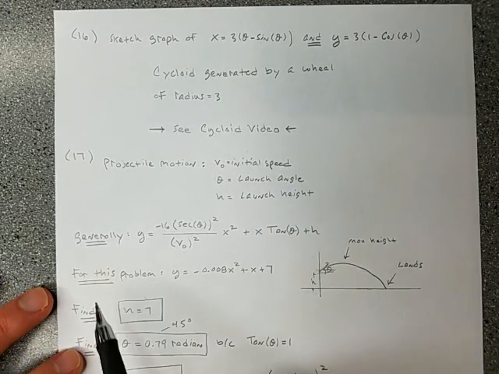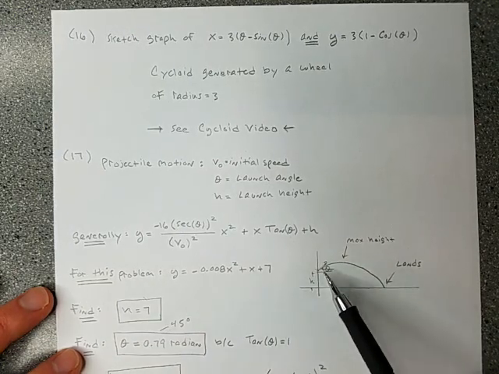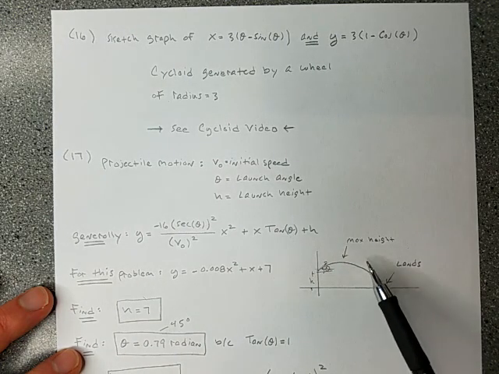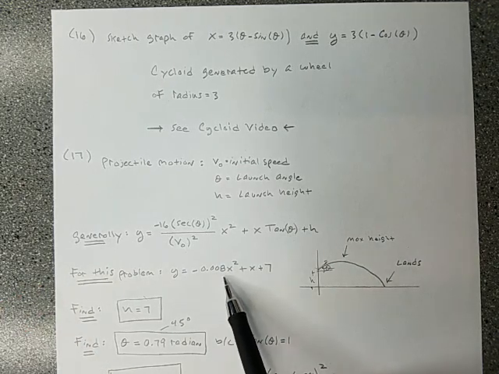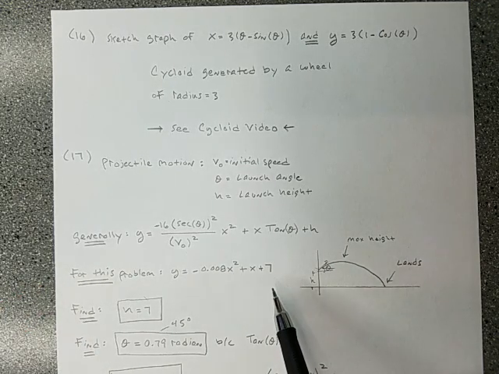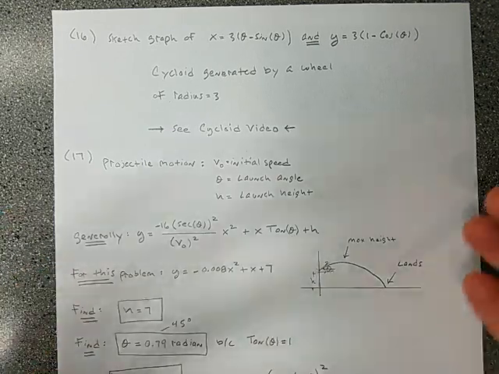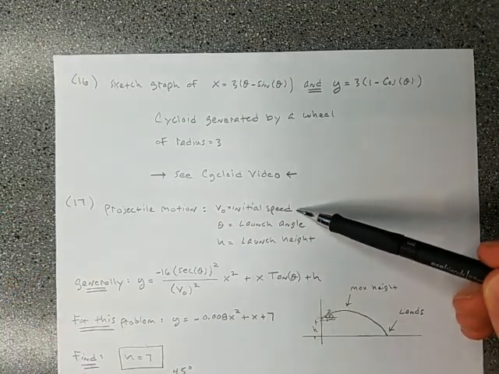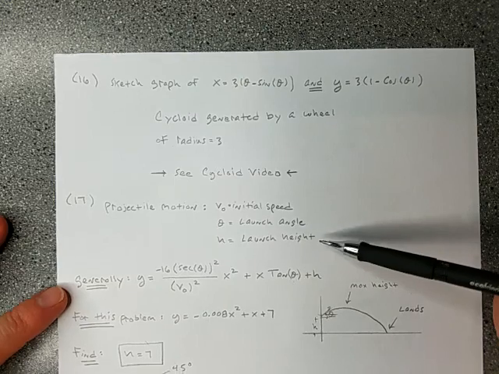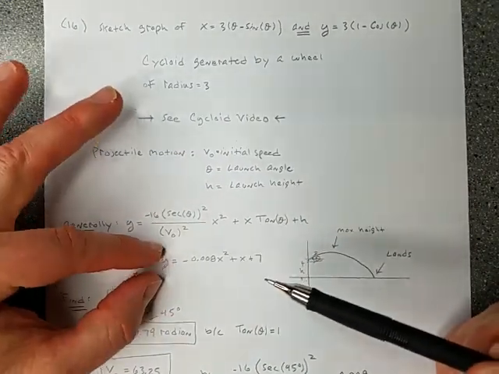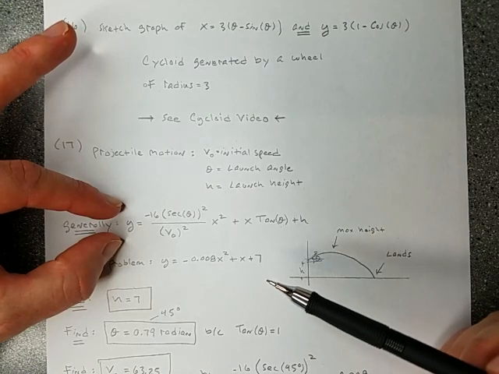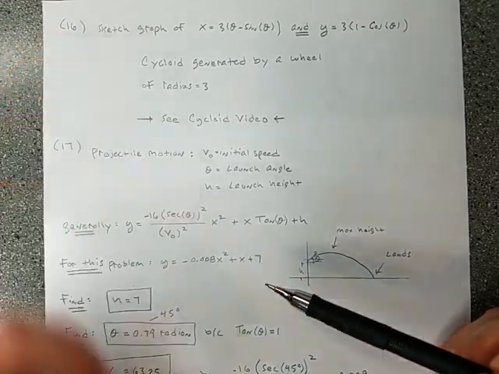Now, suppose I tell you for this problem, the actual equation for that parabolic path is y is negative 0.008x squared plus x plus 7. Could you work backwards and figure out the initial speed and the launch angle and the height? Okay, so here's how we do that. This is just supposed to be that. That's the only thing to realize about it.